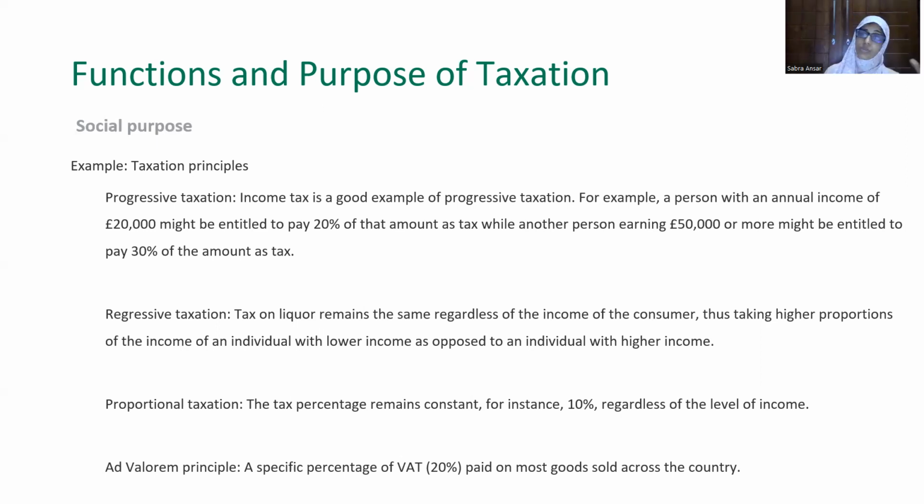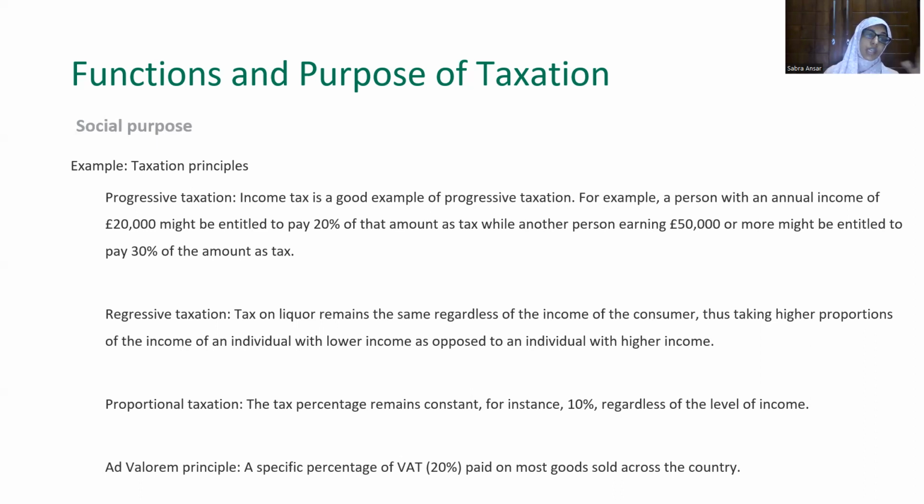However, if it's a person who earns about 50,000 pounds, that 10 pounds is a small percentage, right? So that is regressive taxation, because in the end, when the income increases, the taxation percentage will be less.